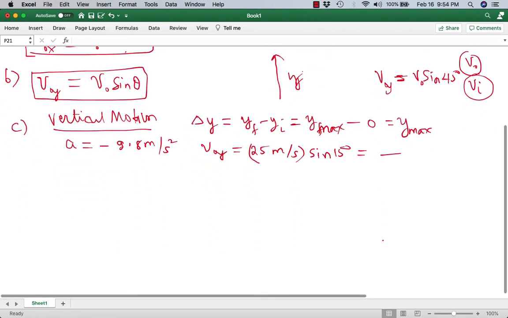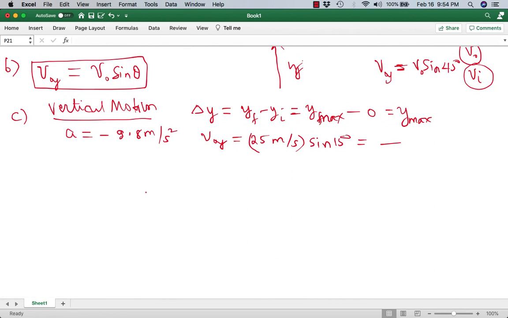Now you need to decide which formula you want to use to find the maximum height. I'm going to use this formula. Delta y is equal to Voy t plus 1/2 a t squared. In the previous problem I used Vi instead of Vo here, but it's the same thing, O is also used for initial velocity.